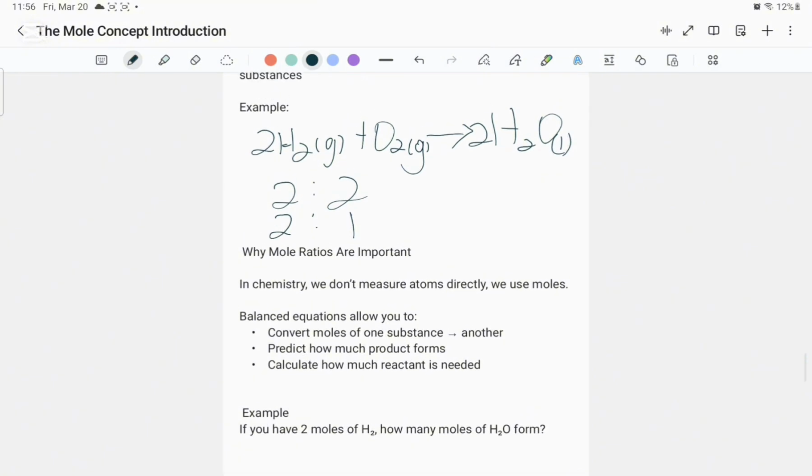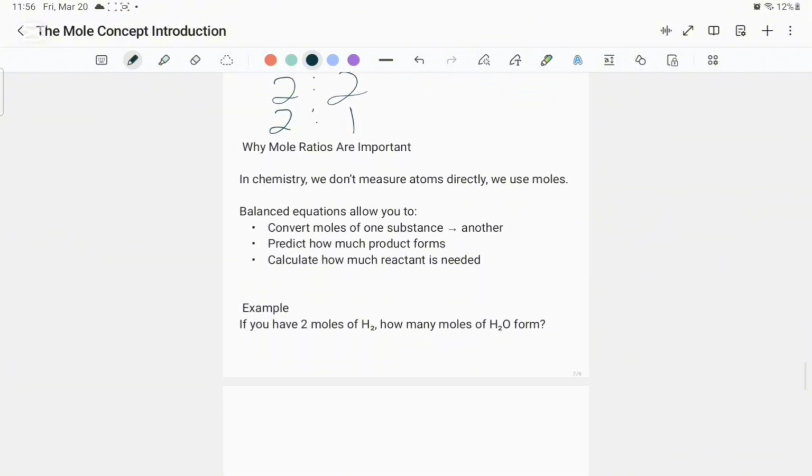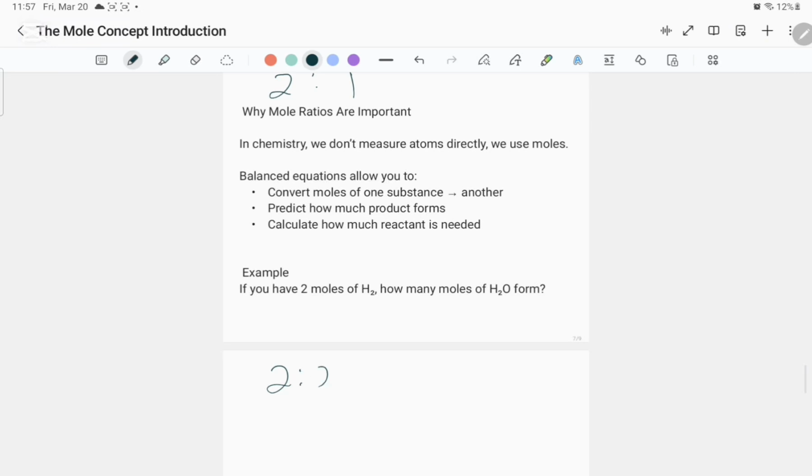Right, so we have to look at H2 and then we have to look at H2O. Right, and the coefficients behind those two are 2 and 2. So the mole ratio is 2 to 2. 2 moles of hydrogen, right, forms 2 moles of water.